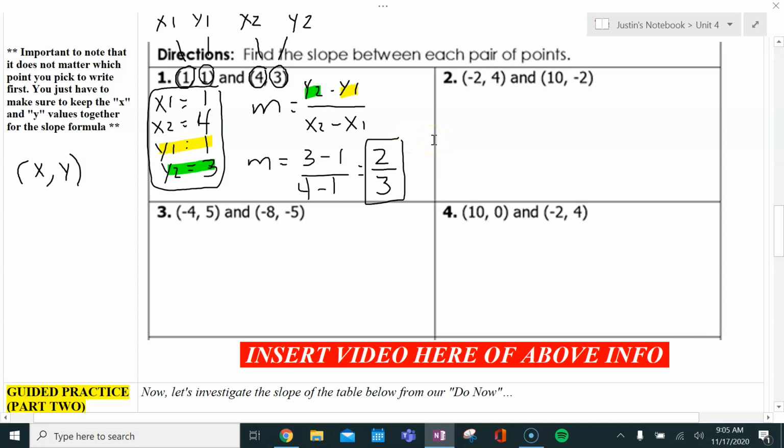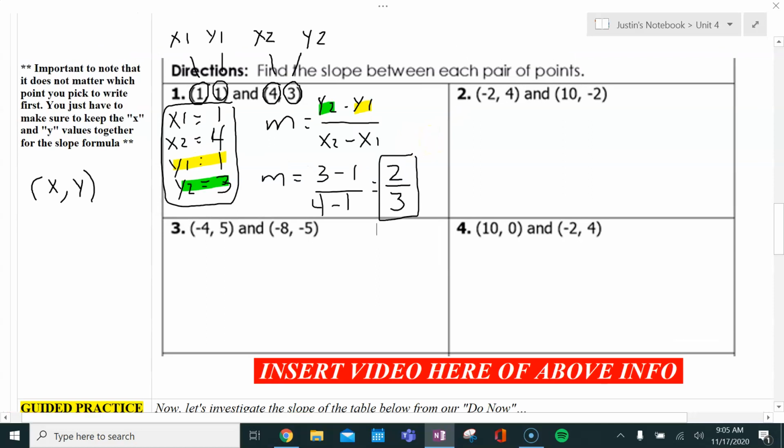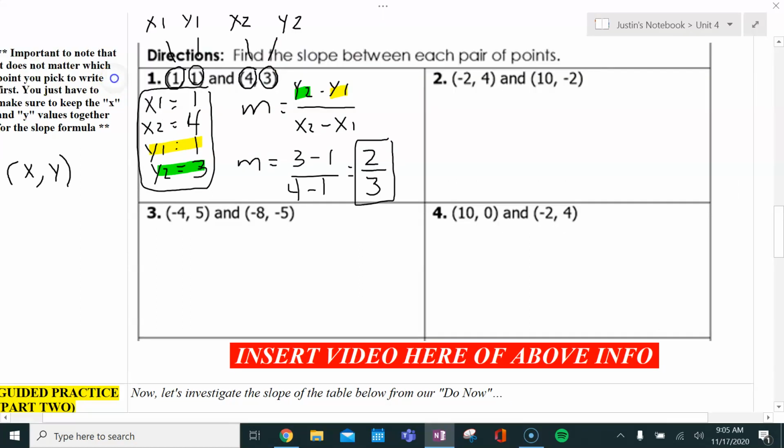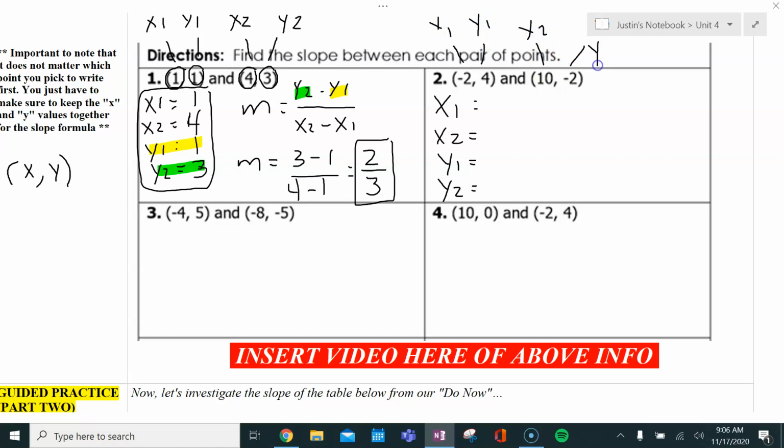Let's look at number 2. Again, label x1, x2, y1, and y2. Looking at this ordered pair, the first is x1, here's x2, this is y1, and this is y2.